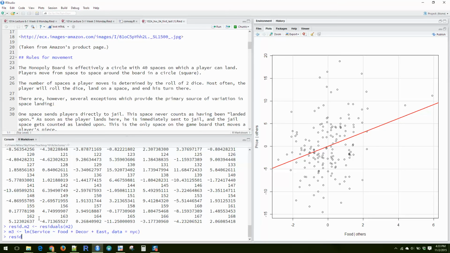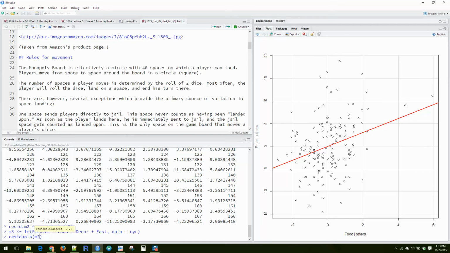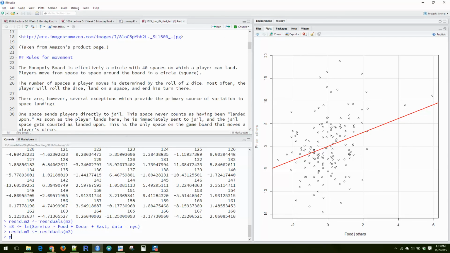Okay, and we get residuals of M3. We'll call this resid.m3, and then we'll plot resid.m3, our x, against resid.m2.